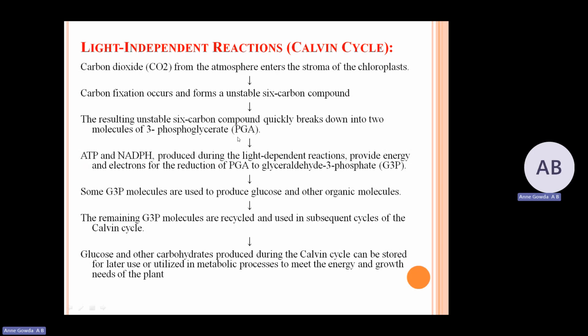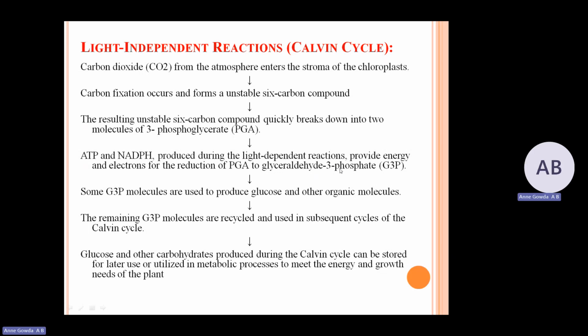And this PGA, along with the ATP and NADPH generated in the previous process, is made use of for the generation of G3P, which is glyceraldehyde 3-phosphate.